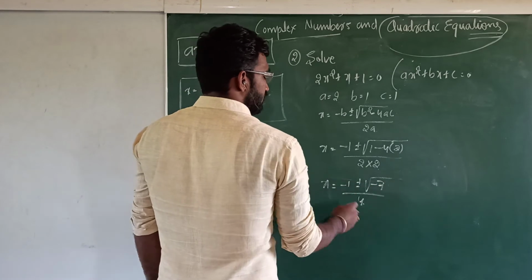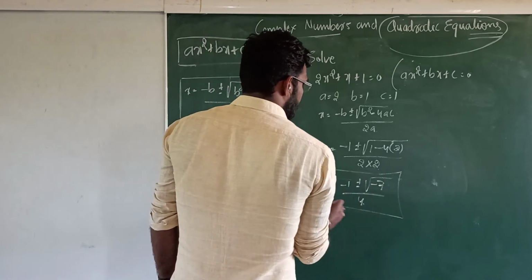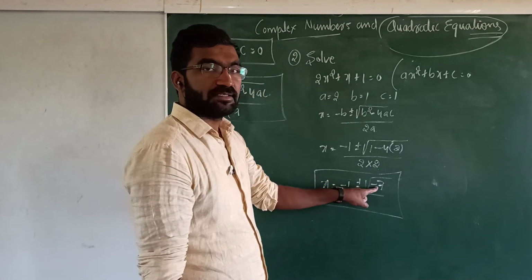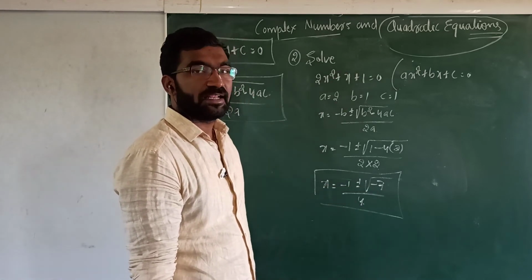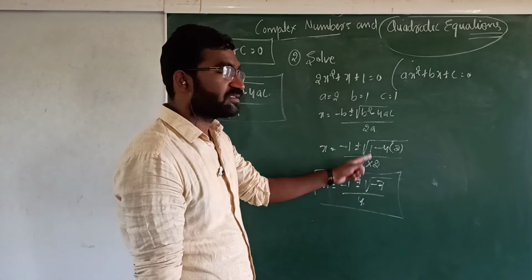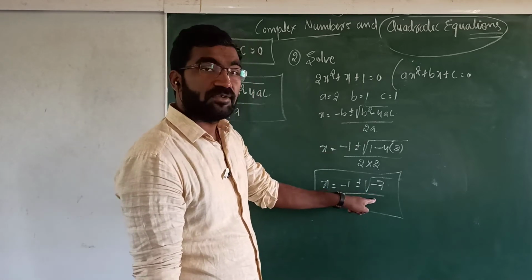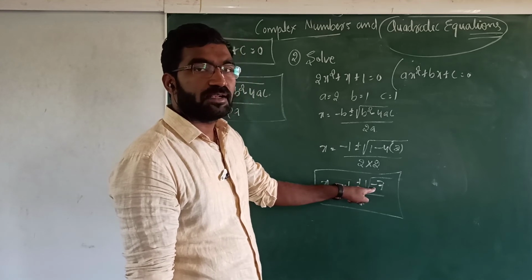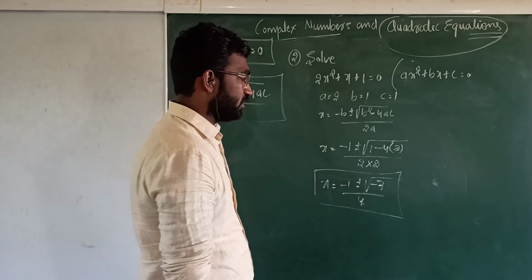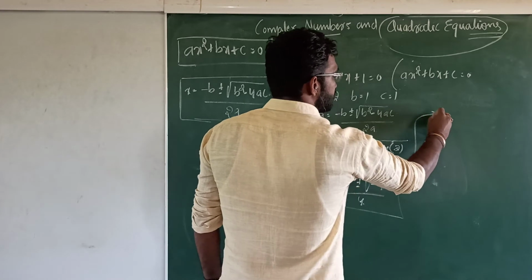In 10th standard, up to here you used to solve. After seeing that minus 7, you used to come to the conclusion that the roots are non-real. Exactly, the roots are non-real means the x values are not real here. Why? Because this √(-7) is not a real number, it is a complex number, right? So further simplification, just one step.